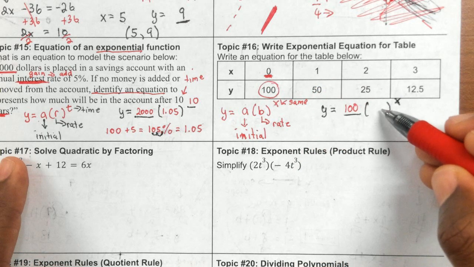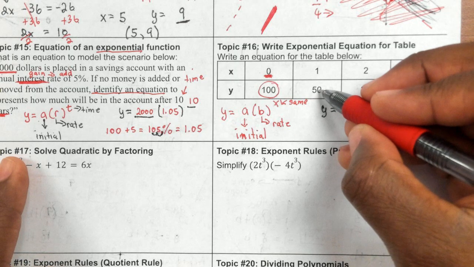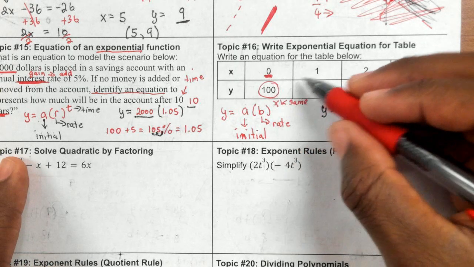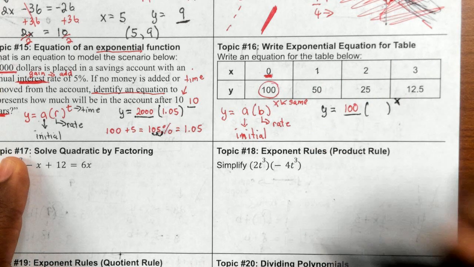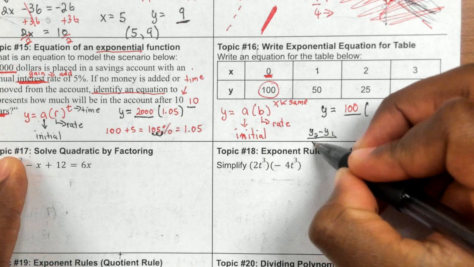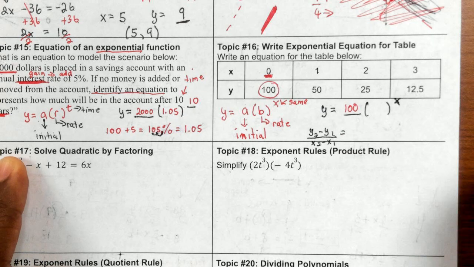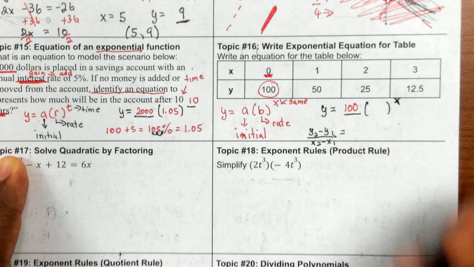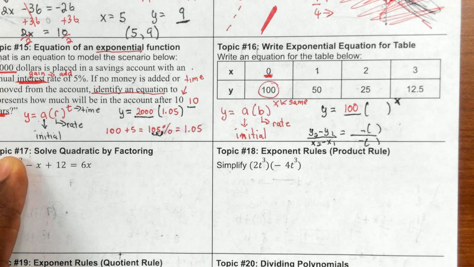Now I'm going to find my rate. To find your rate, you're going to do this minus the previous number, divided by this minus the previous number. That should look like what formula? y2 minus y1 over x2 minus x1. I normally set it up with a fraction, a minus sign, and 2 pairs of parentheses.